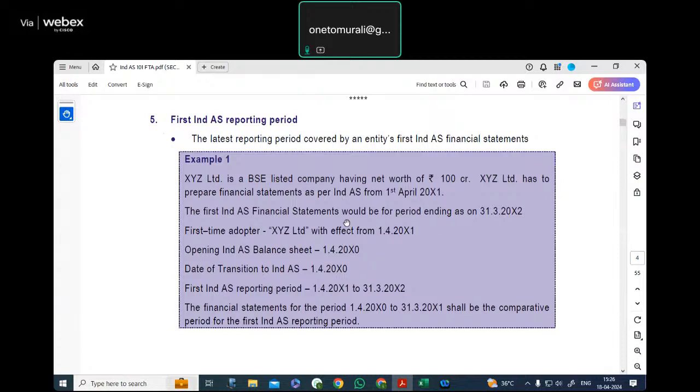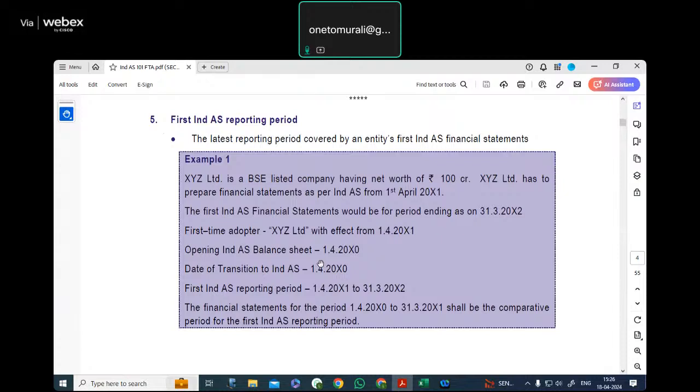One more important thing you should remember is that in their financial statement, they are expected to disclose that they are adopting it for the first time. There can be entities which would have adopted for the first time, but when they have not disclosed or made a claim to the outside world about their first time adoption, they will not be taken up as a first time adopter.